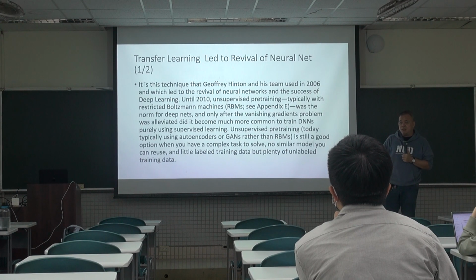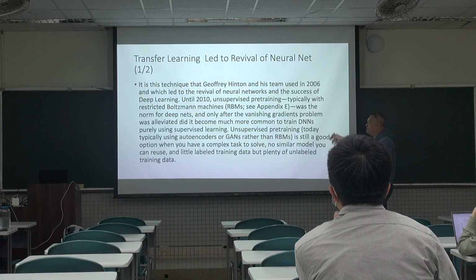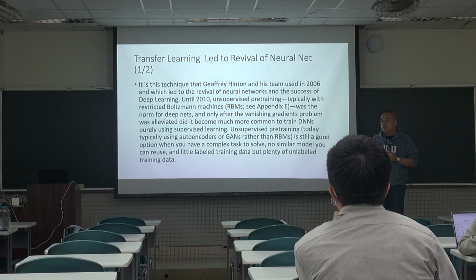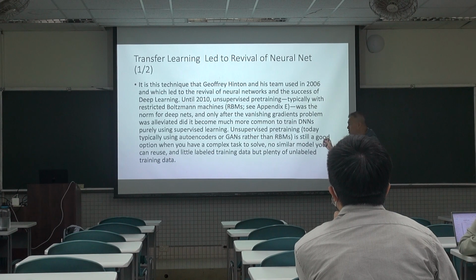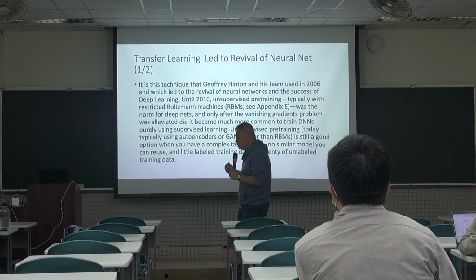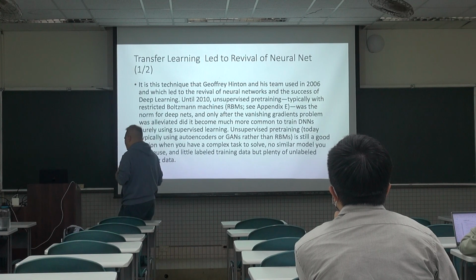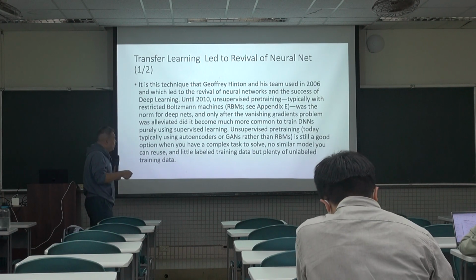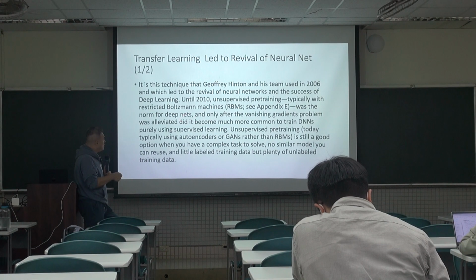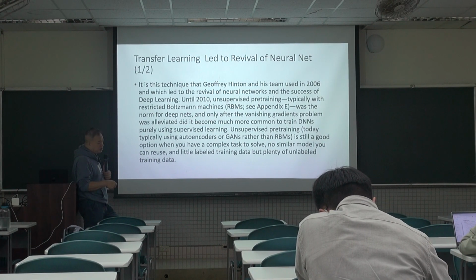The reason we don't use RBM is that when you train this model, for every iteration you need to wait for it to stabilize, so it takes a long time to train. Nobody uses it anymore because it's just too difficult to train.